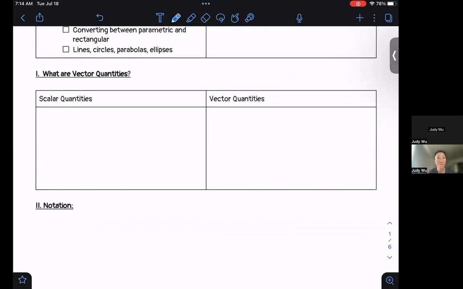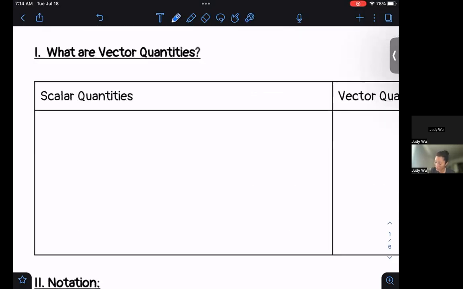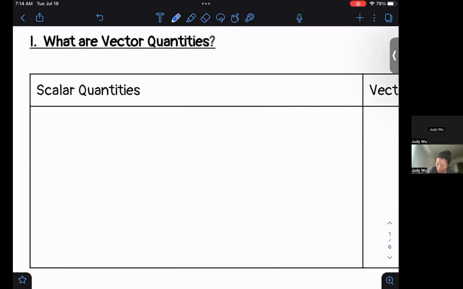And when we're thinking about vector quantities, it's helpful to learn about what it is and what it's not. Okay, and so in this section, we're going to take a look at scalar quantities and vector quantities. Okay, so one scalar quantity that we might have heard of is mass.